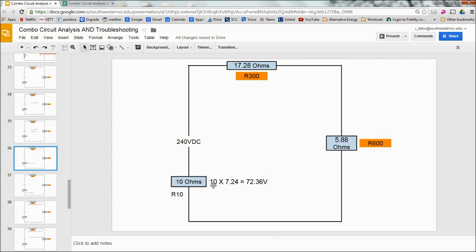If I take my 10 ohm and multiply it by that known current, I get this voltage, 72.36 volts. That's how many volts this one load is getting dropped across it. And if I take my supply voltage and subtract that voltage, this is the remaining voltage that's going to be used on the rest of the circuit.